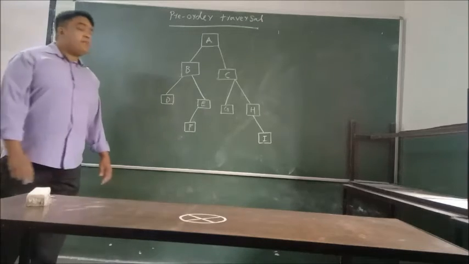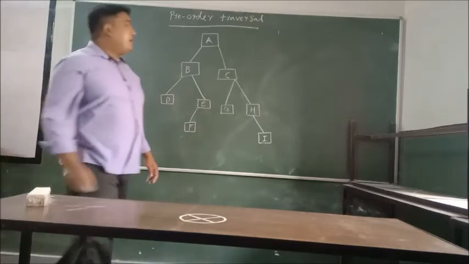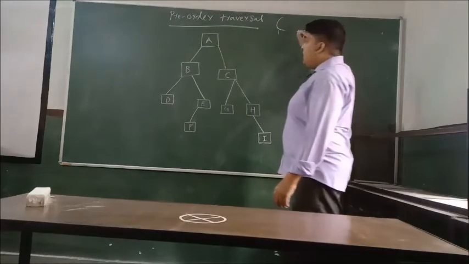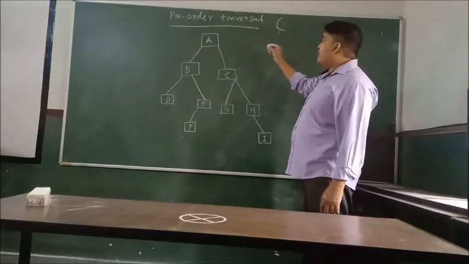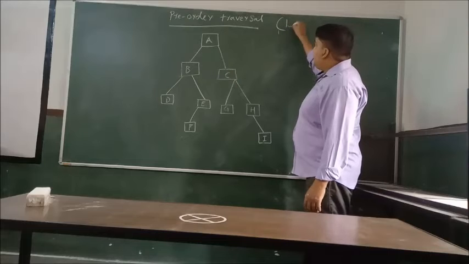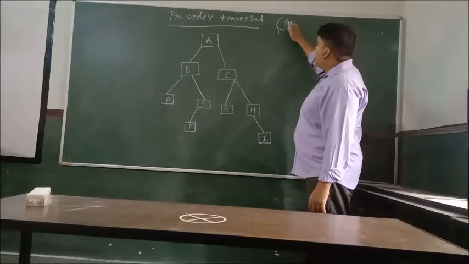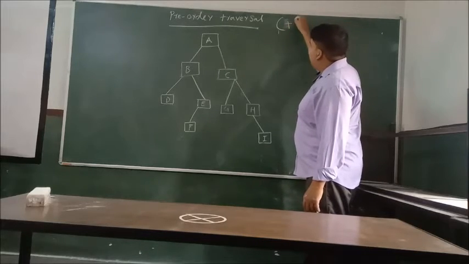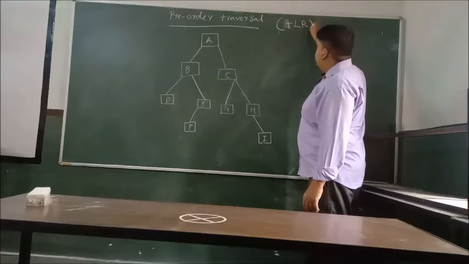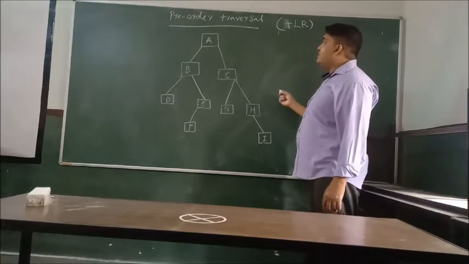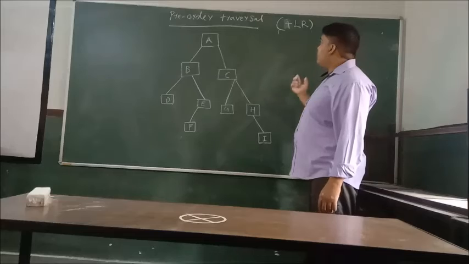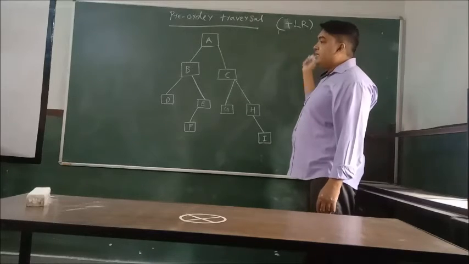In the case of pre-order traversal, we read the nodes in such a way that root comes first, then left, right. So pre-order traversal is in such a way that we read the root first, then left and right.